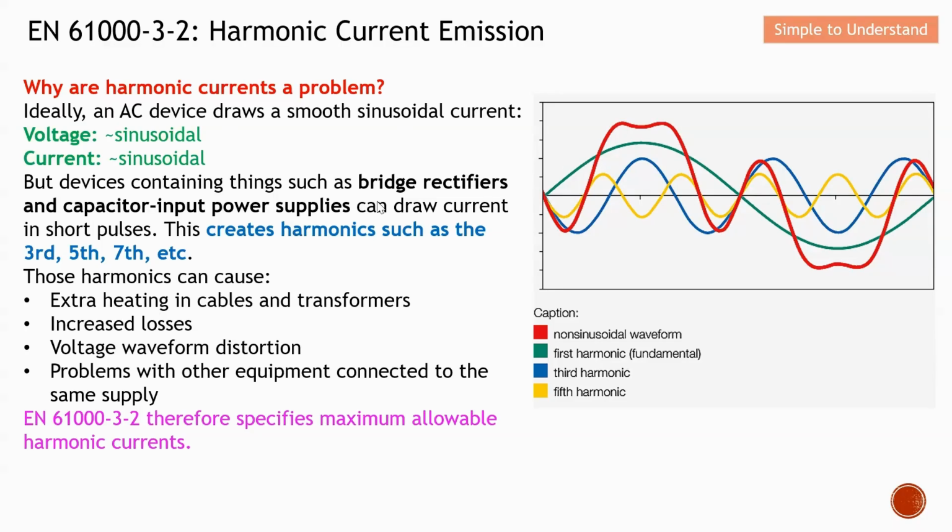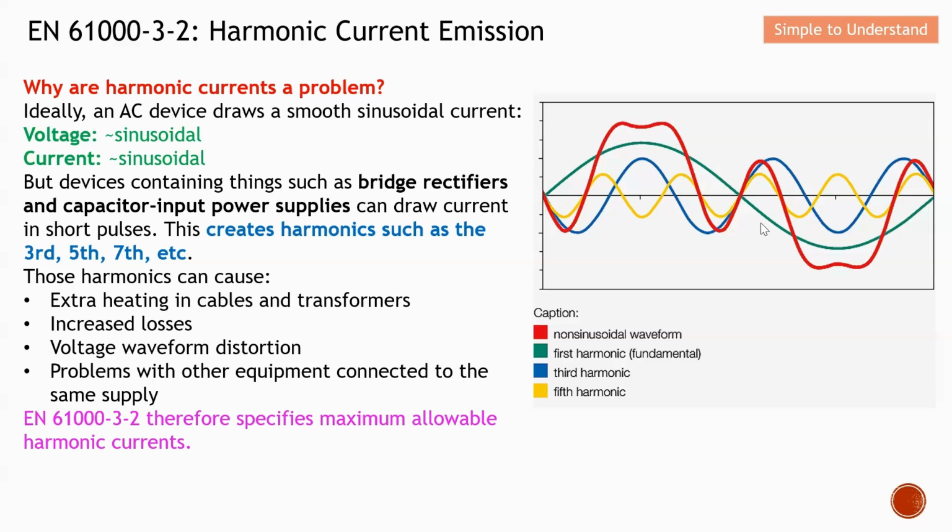And therefore, we have, for example, things like bridge rectifiers, capacitor input power supplies, etc. All these create a lot of harmonics. Again, with more and more harmonics added onto the sine wave, this is the fundamental, the green color one. When you add on more and more harmonics, you can see that it becomes a square wave rather than a sine wave.